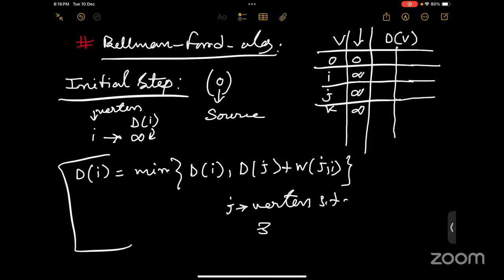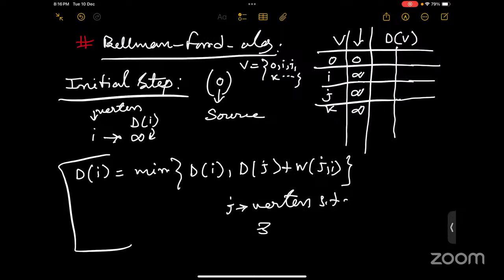Okay. So suppose this is our set of all vertices, and this contains 0, I, j, k, and so on. Because the Bellman-Ford algorithm can help us find the shortest distance from a fixed point, that fixed point is our source here.